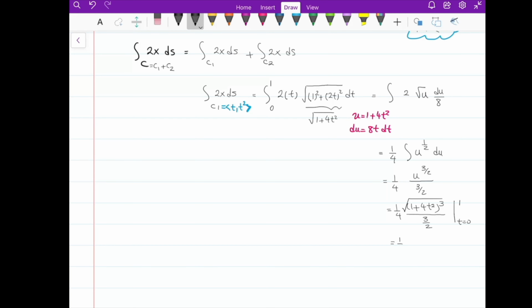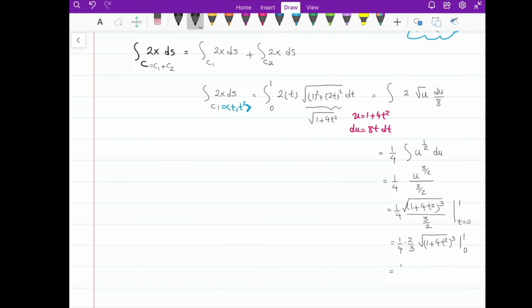So 1/4, multiplied by 2 over 3. I'm just going to bring 3 over 2 on top, so I get 2 over 3, and then the square root of 1 plus 4t squared to the power of 3, from 0 to 1.